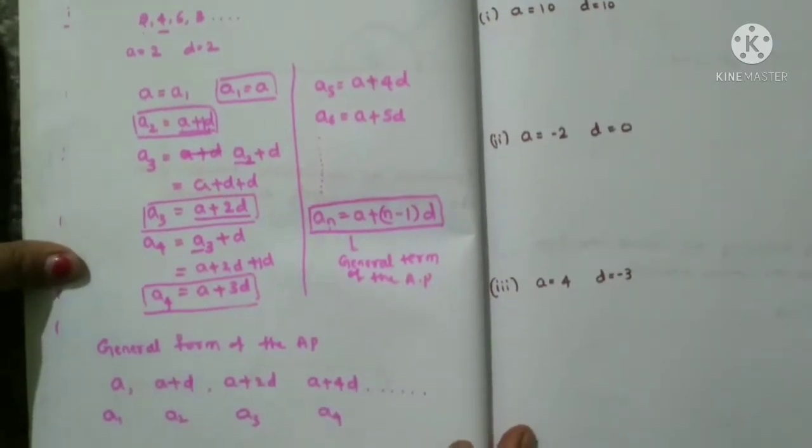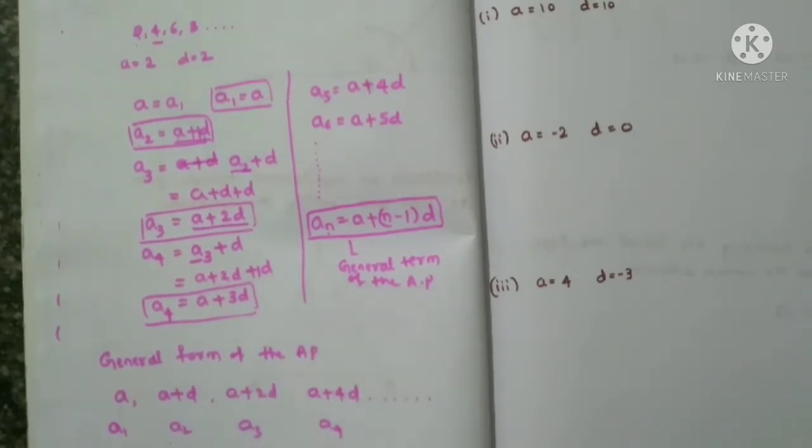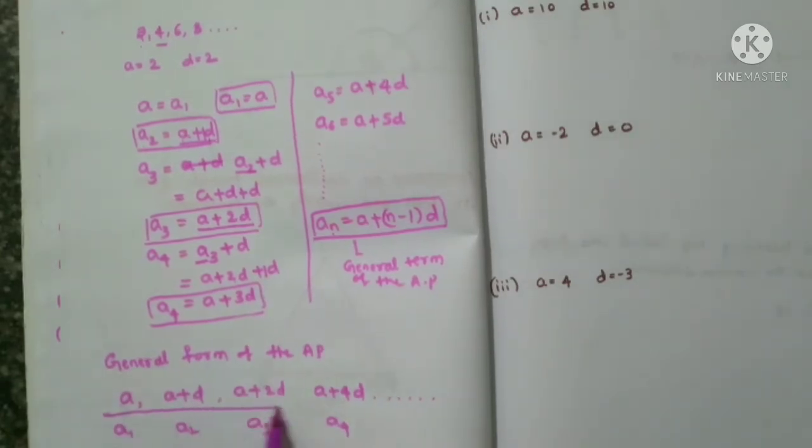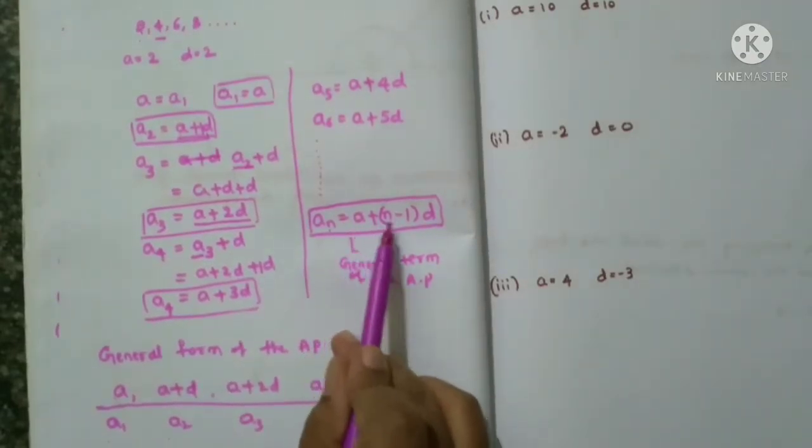So the general form of the AP is a, a plus d, a plus 2d, a plus 3d, and so on. This is called the general form of the AP. And if they ask the general term, it is a plus n minus 1 into d.